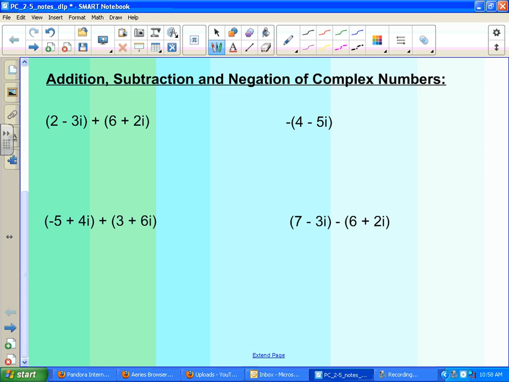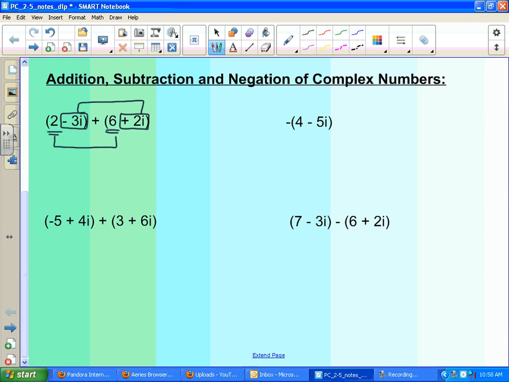So, 2 real part, 6 real part, both of them constants. And then we have some imaginary components: minus 3i and plus 2i. So those are my like terms. Those are my constants. These are my variable terms that we're going to combine.